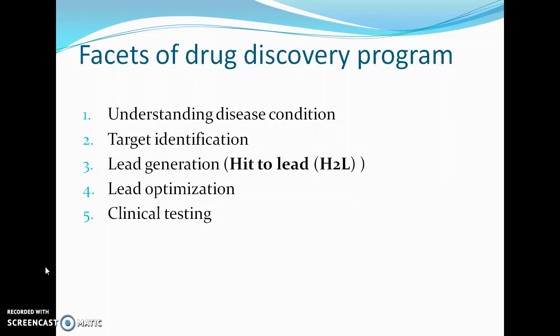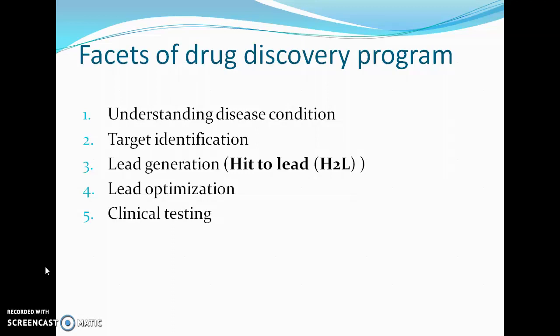Then coming to the last aspect, the clinical testing, which we call screening and designing. This is a process of finding a new drug against a chosen target. This target is identified in the initial steps for a particular disease. It usually involves the HTS technique, wherein large libraries of chemicals are tested for the ability to modify the target.